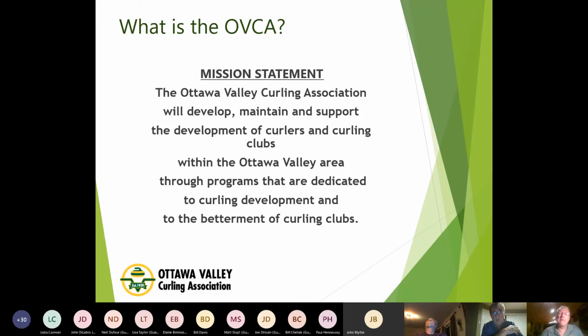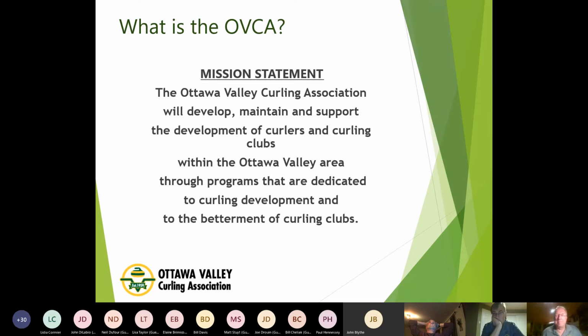Our mission statement: the Ottawa Valley Curling Association will develop, maintain, and support the development of curlers and curling clubs within the Ottawa Valley area through programs that are dedicated to curling development and to the betterment of curling clubs. So that's the mission statement that our board tries to keep in mind as we go through our monthly meetings and make decisions on how we're going to spend our operating fund.